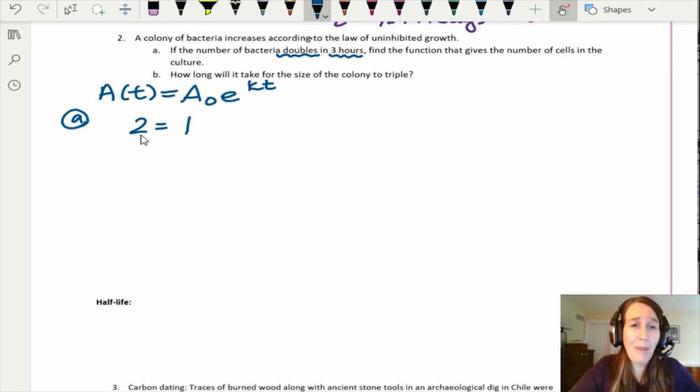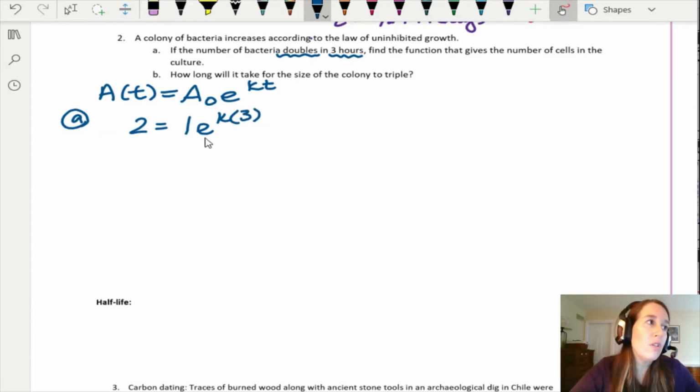It doesn't actually matter if you use 2 and 1 or 200 and 100 like we did in the last problem. You know, it's just this number has to be double this number. And then we have e to the k. We don't know the k value, but we do know that the time was 3 hours.